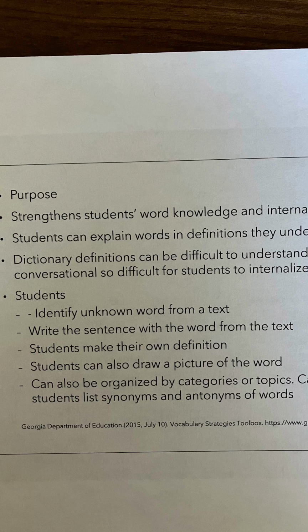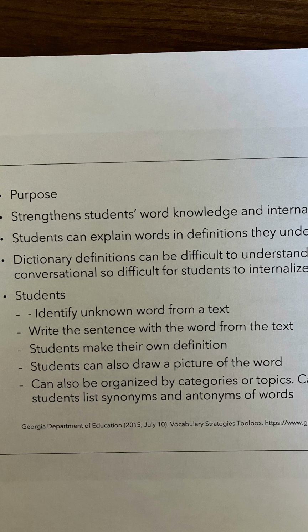You can have them do this together, where they try to guess from context what the word means. If they can't figure it out, you help them, but then they together make a definition that's understandable for them and not a dictionary definition.